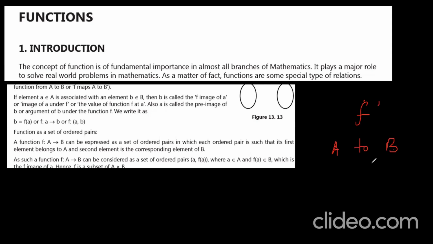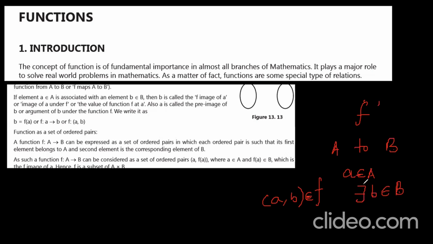All these words are similar: function or mapping or correspondence. This is going to be a function if and only if for each element a belongs to A, there exists a unique element b belongs to B such that (a, b) is an ordered pair which belongs to the function F.